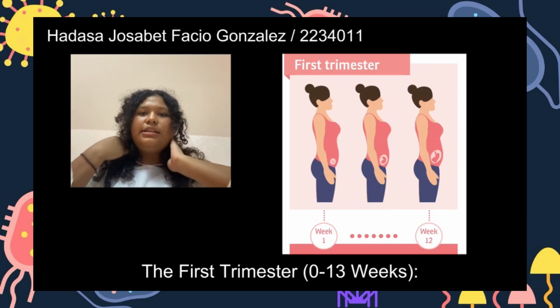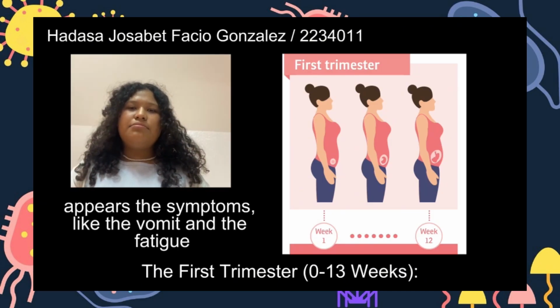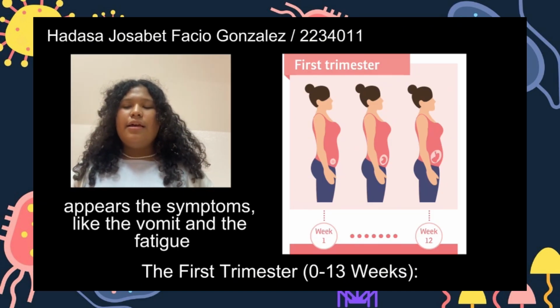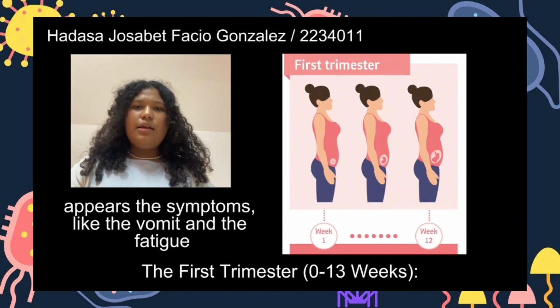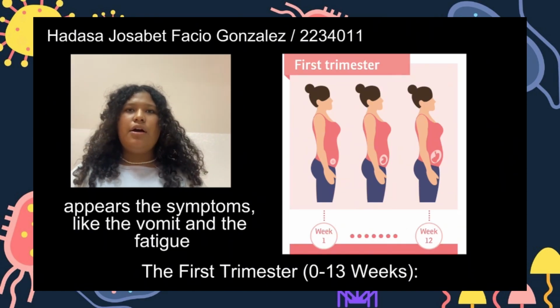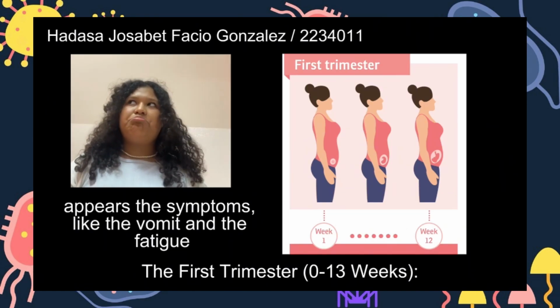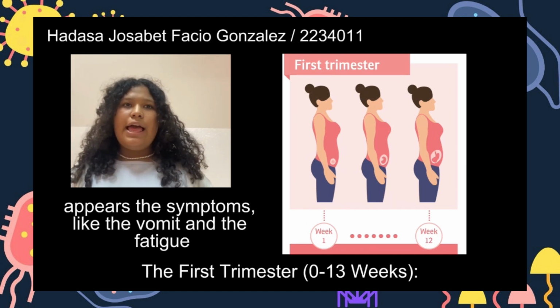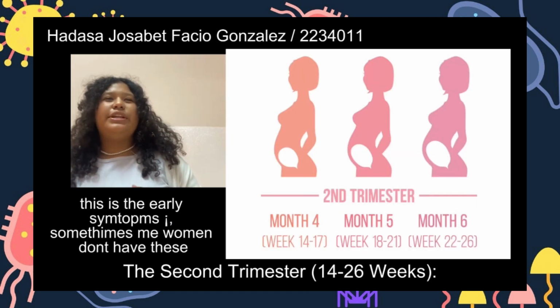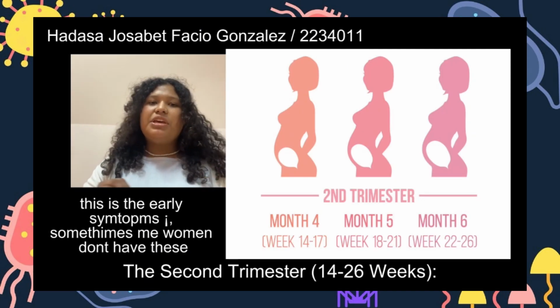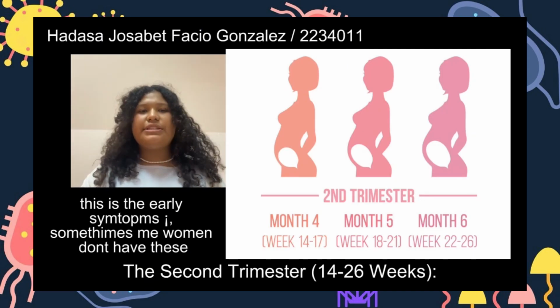The first one is 0 to 13 weeks, where symptoms appear like vomiting or maybe fatigue. And the other one is 14 to 27 weeks. These are the early symptoms.